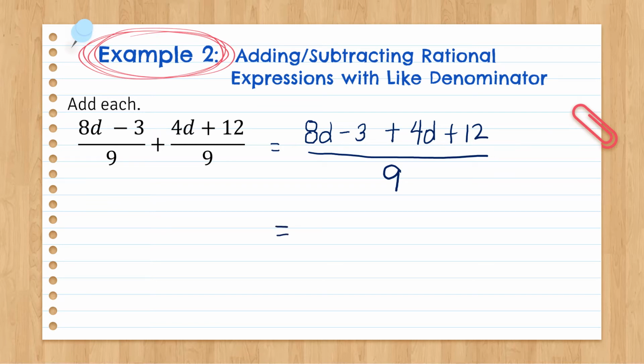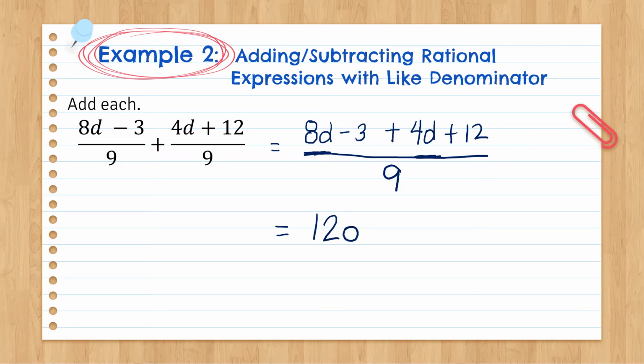So in this case, ang like terms natin ay si 8d tsaka si 4d. Paano malalamang like terms? Dapat they have the same variable, tapos yung variable na yun, same din yung exponent. So in this case, lahat sila ay nasa first degree. So pwede nating i-add, ulitin ko lang, si 8d at saka si 4d. So 8 plus 4 will give us 12.